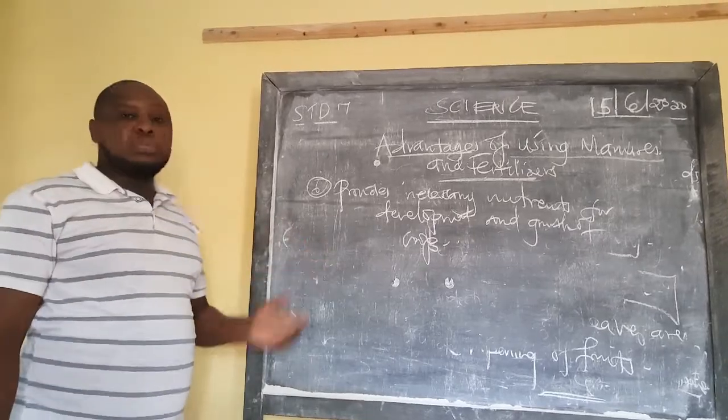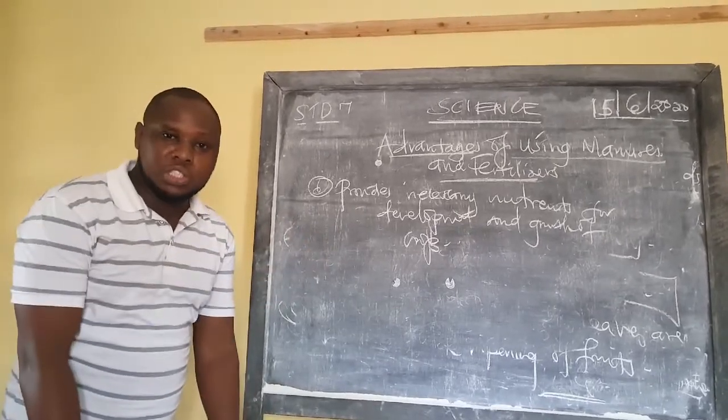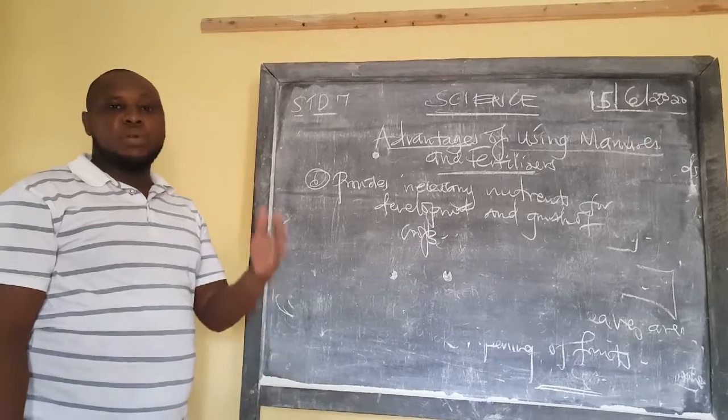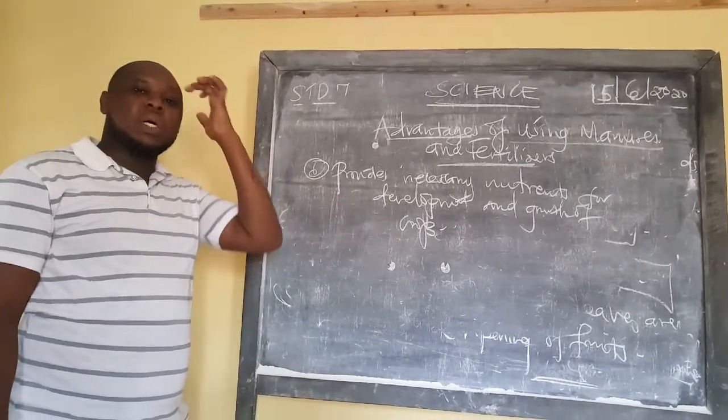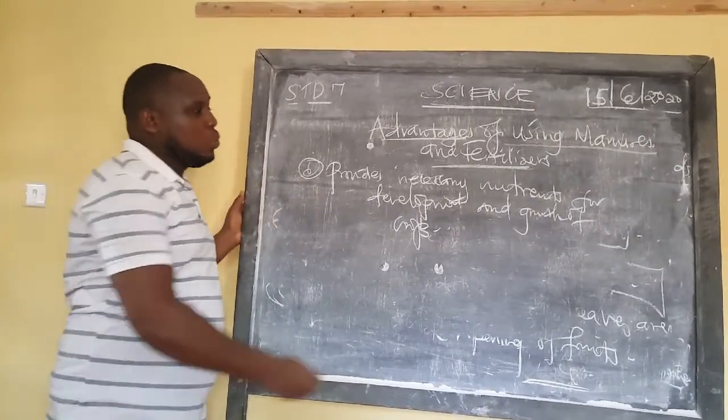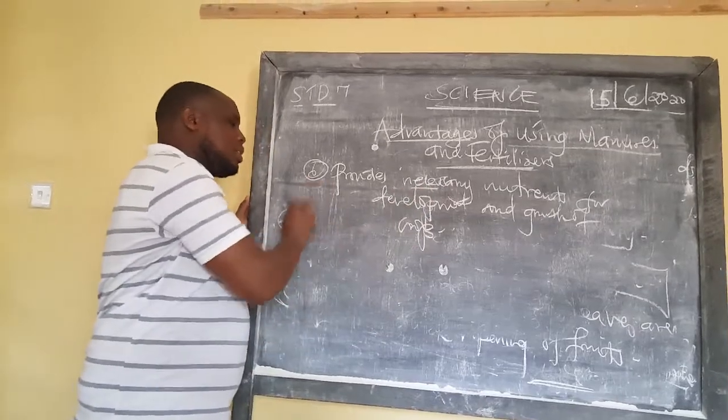For any plant to be able to grow to maturity from germination and producing high yields, you need manures and fertilizers. So what they do, they give the required nutrients.